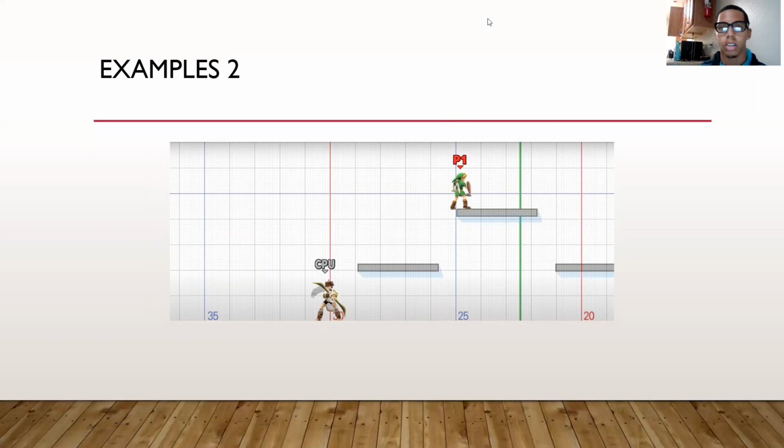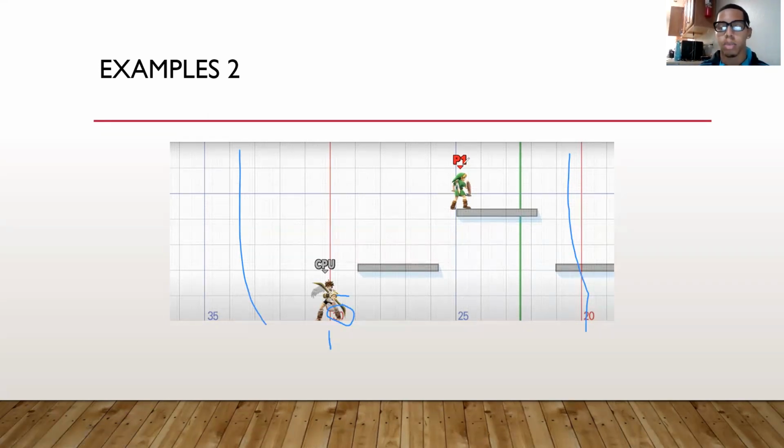Here we have these two people on this graph right here. As you can see, the CPU player is standing at x coordinate 30, and let's say its y coordinate is 1, the same line right there.